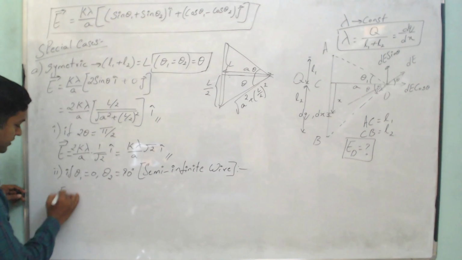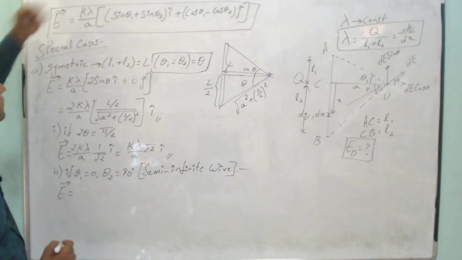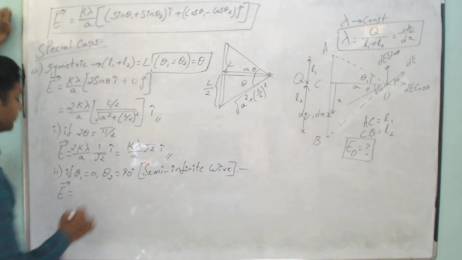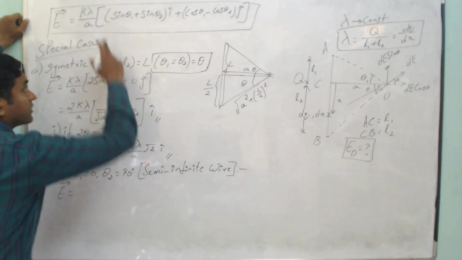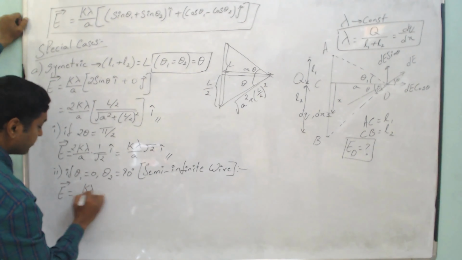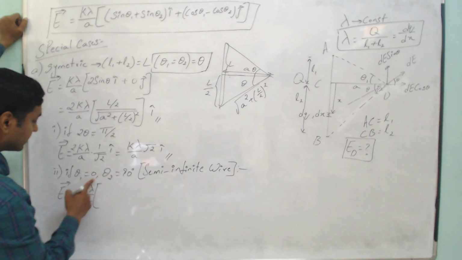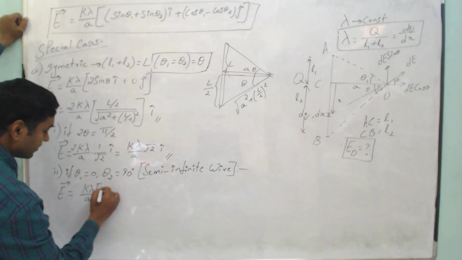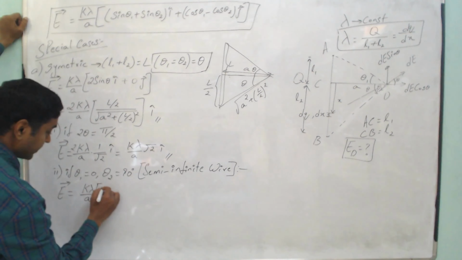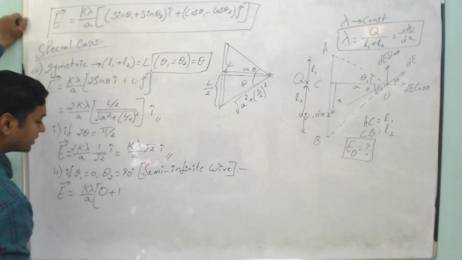So what will this fellow become? My E bar is equal to, let me begin from here. I have k lambda by A, sine theta 1 is 0, so I'll just write 0 plus sine theta 2 is 1.